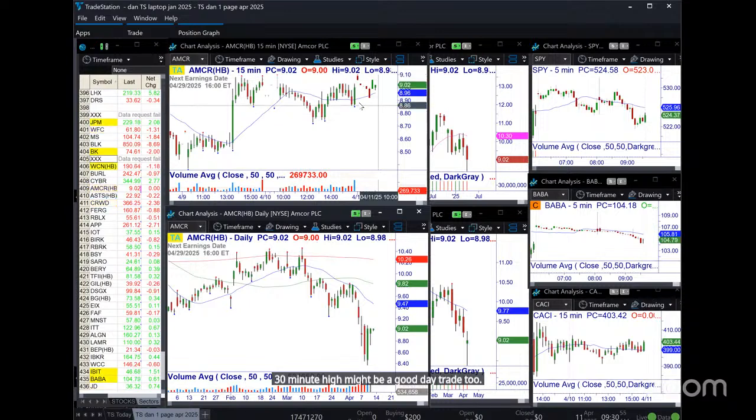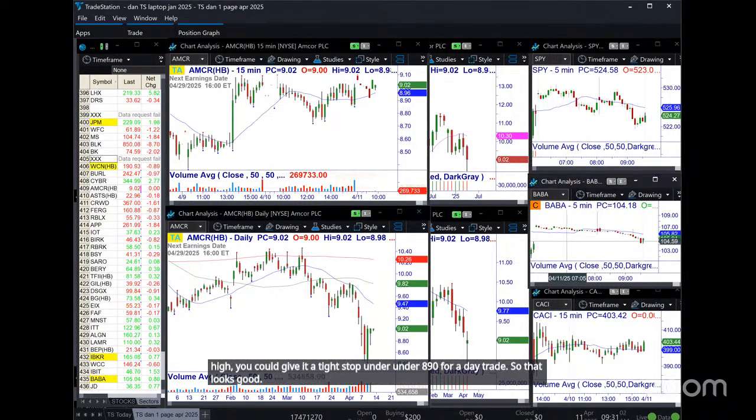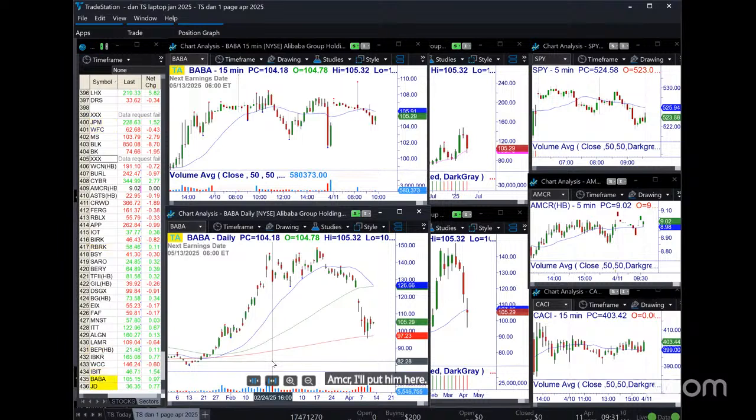If it takes out the 30-minute high, you could give it a tight stop under 890 for a day trade. So that looks good. AMCR, I'll put him here. And then Baba. Man, that's it. I don't have any alarms going on.